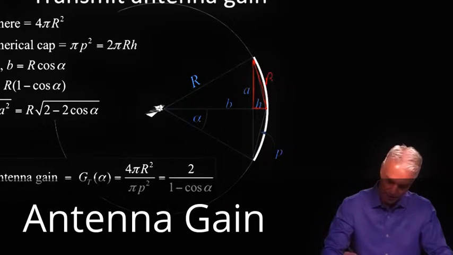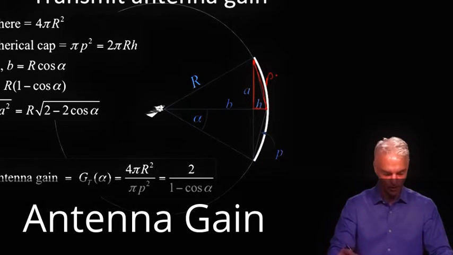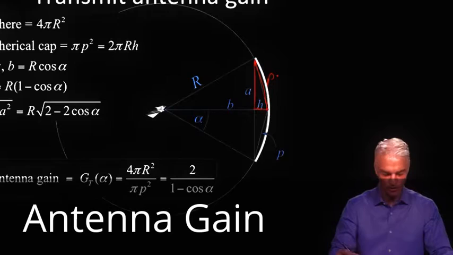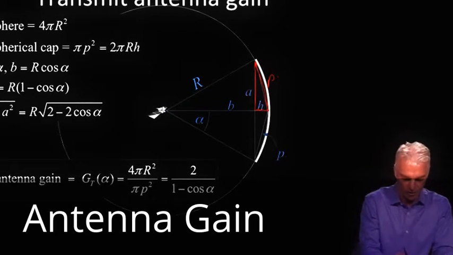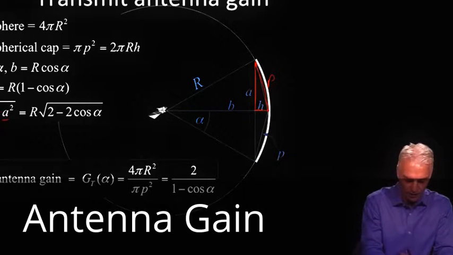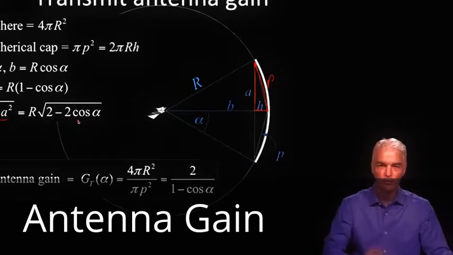P squared is A squared plus H squared, so p is the square root of H squared plus A squared, and we can substitute in these previously worked out values for H and A, and we get r times the square root of 2 minus 2 cos alpha.